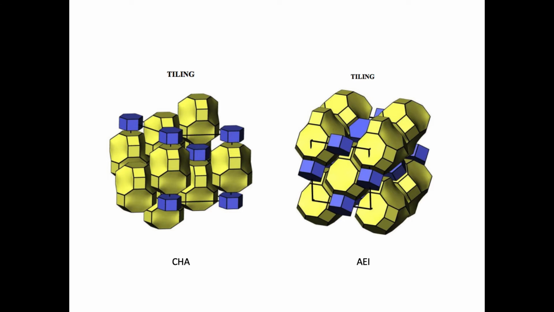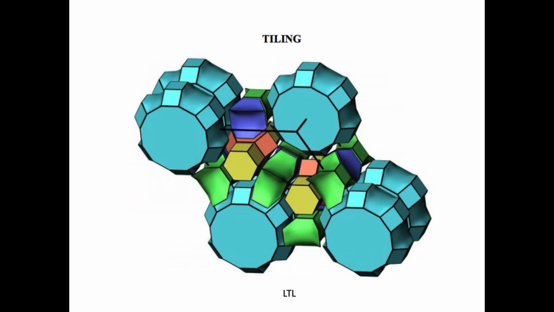So for example here, when you have the Chabazite CHA system or the AlPO-18 AEI system, you have two forms of tiling, and those tiles are the rate determining steps which can be input directly into the CrystalGrower software.